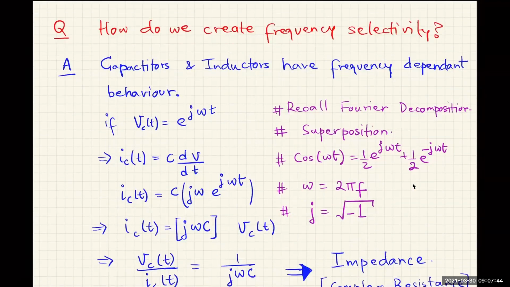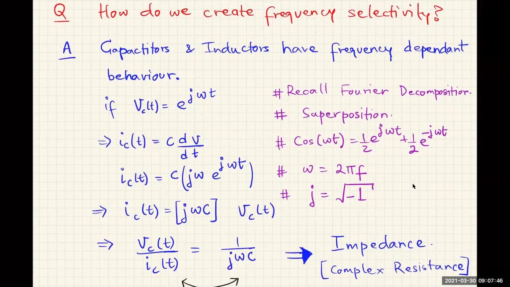Okay, so how do we then create such frequency selectivity in circuits? And the answer is we saw that inductors and capacitors have this differential relation between voltage and current, and we can leverage that differential relation between voltage and current to get frequency specific behavior of capacitors and inductors.